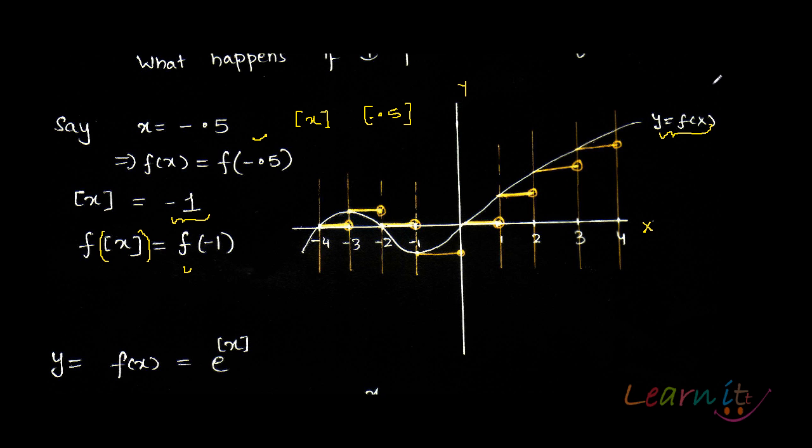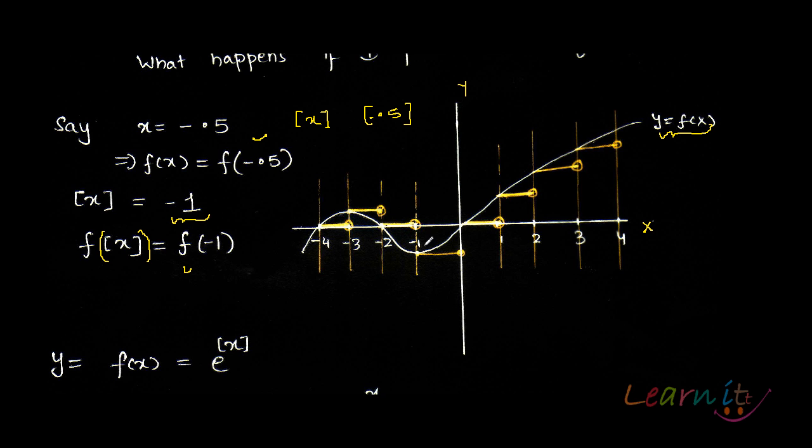Suppose this is my graph of y equals f(x), and I've just numbered my x axis randomly. Now at each break of x, I draw a vertical line.